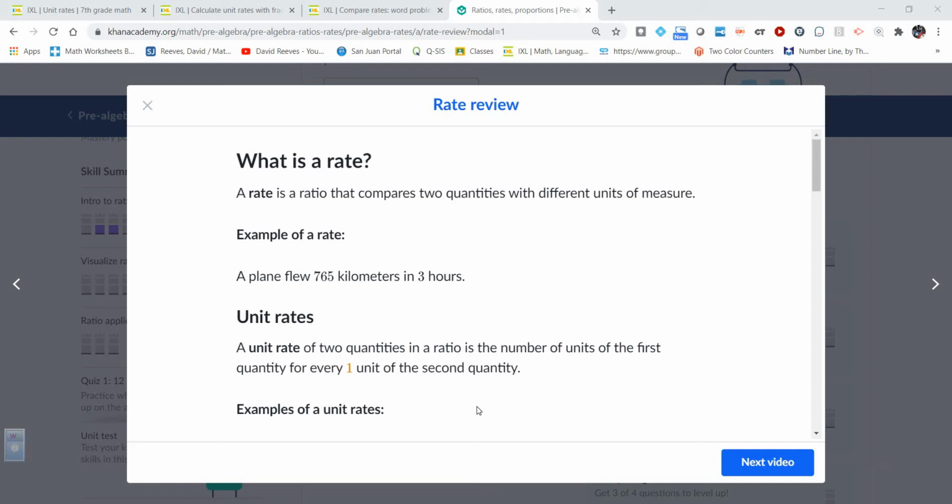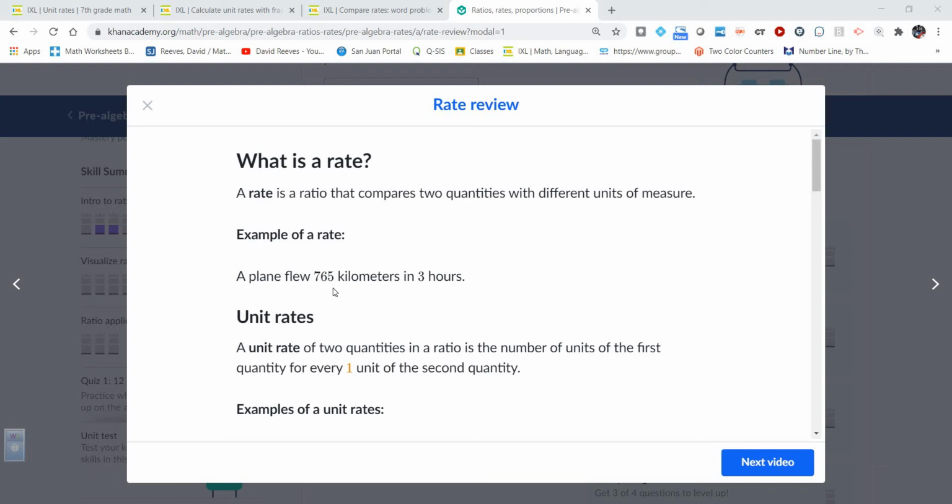So for example, kilometers per hour, right? 765 kilometers in 3 hours, right? We talk about miles per hour more often here in these United States of America, right? But we can have like cents per ounce, feet per second.